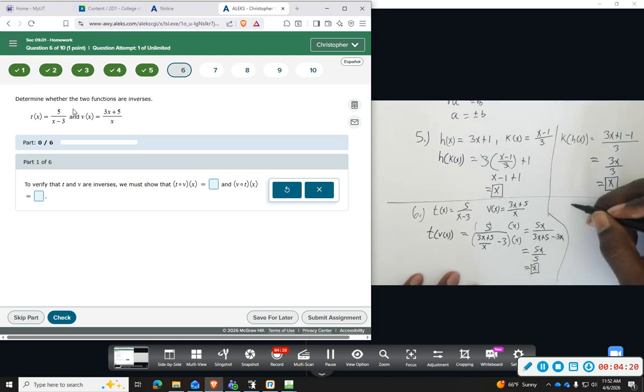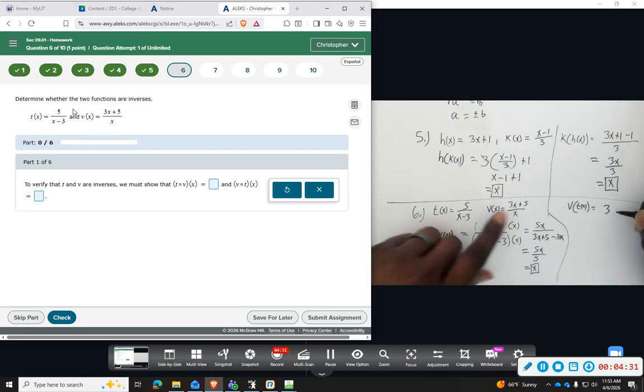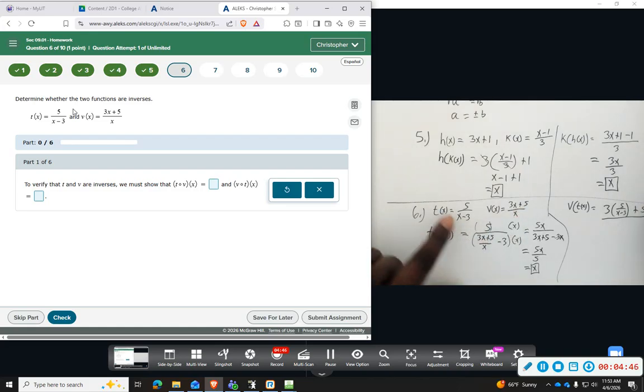And then we're going to do v of t of x. So starting with the v equation, that's going to be 3x. In the place of x is going to be 5 over x minus 3. Plus 5. And then all divided by x, which is going to be 5 over x minus 3.